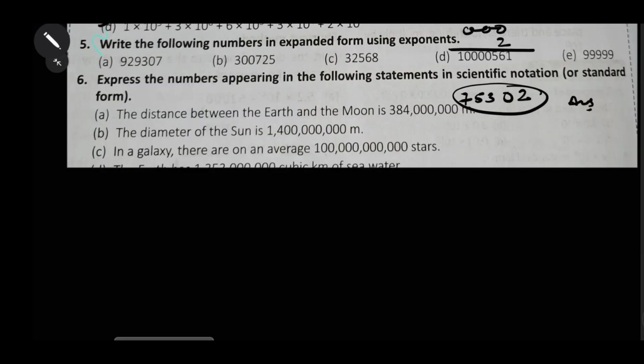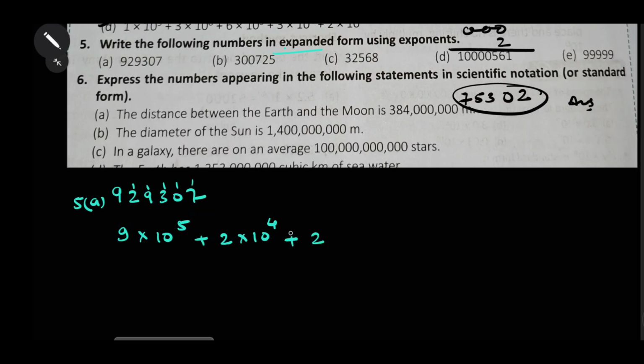So question number 5 is the reverse of question number 4. We have a number 929307. This is the 5th A. We have to convert it into expanded form. 9 can be written as 9 into 10 to the power 1, 2, 3, 4, 5, so 10 to the power 5. In the same way, plus 2 into 10 to the power 4. The next number is what? 9.